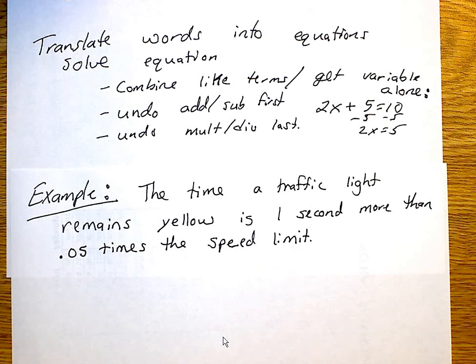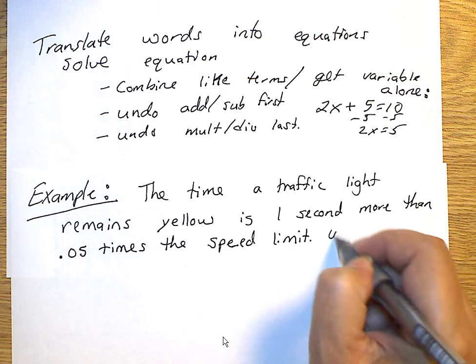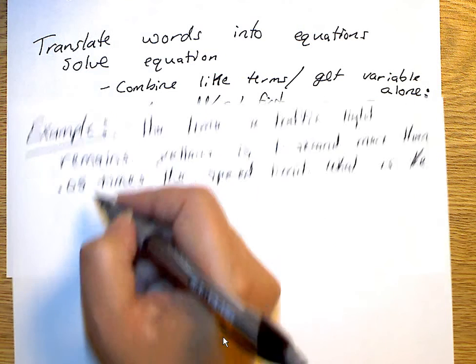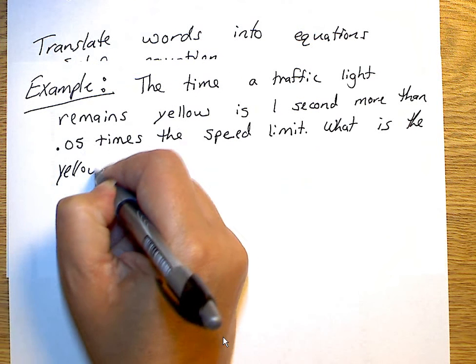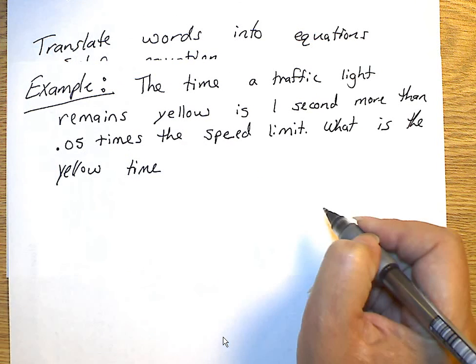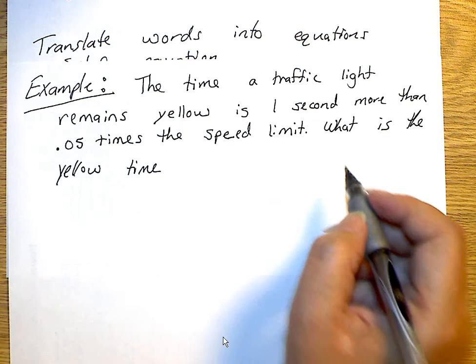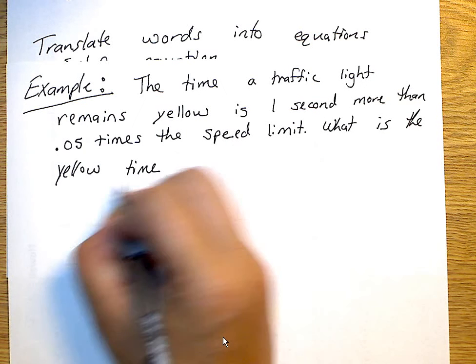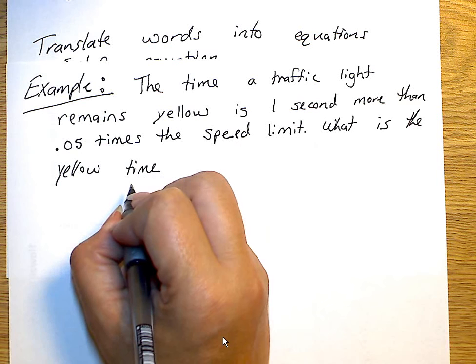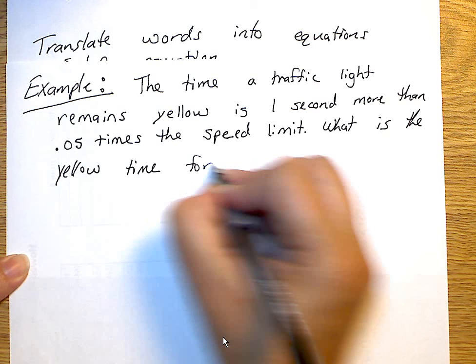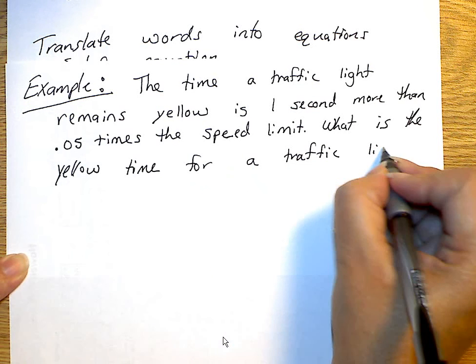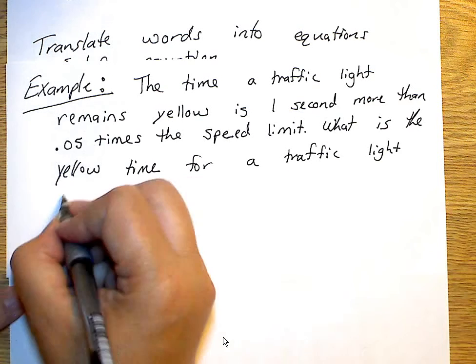The question is, what is the yellow time for a traffic light on a street with a speed limit of 30 miles per hour?